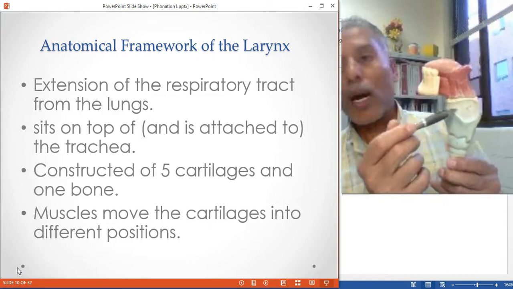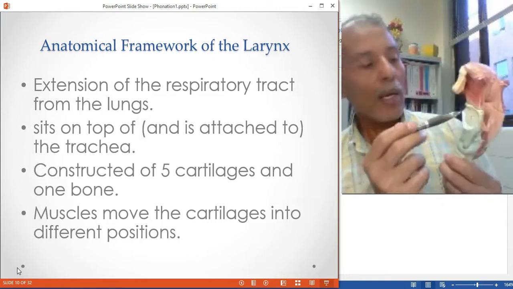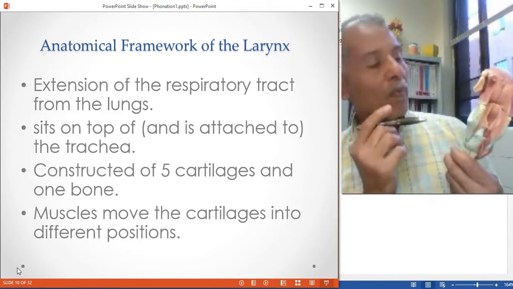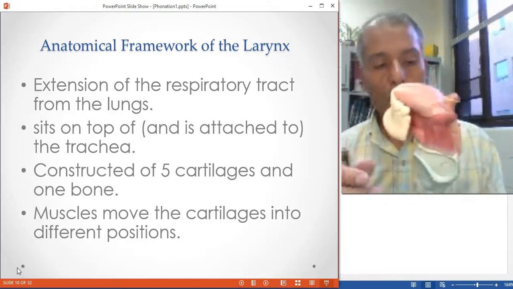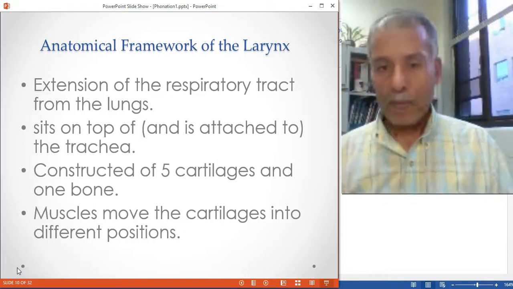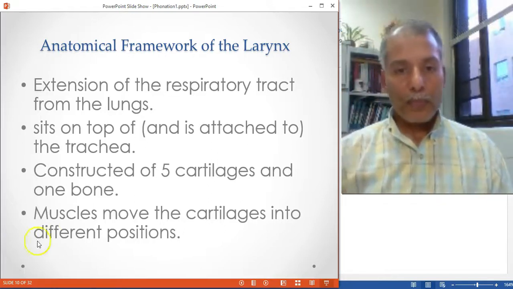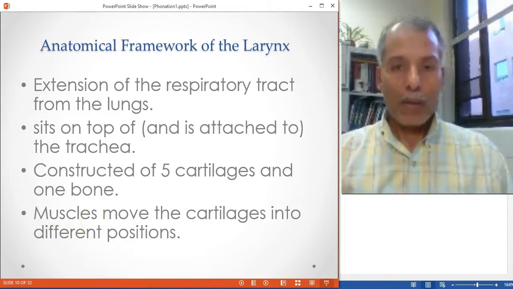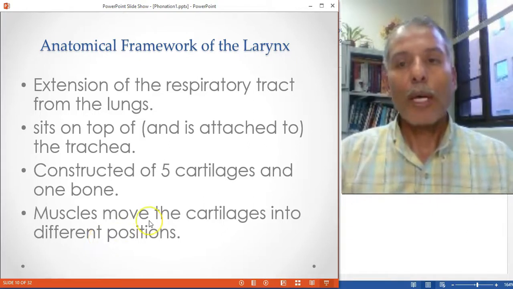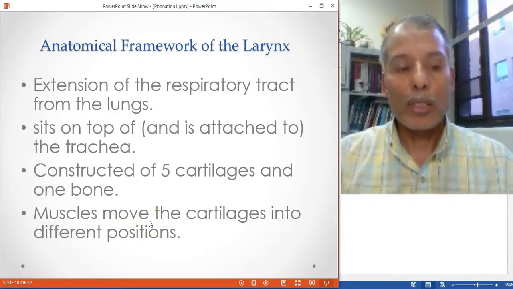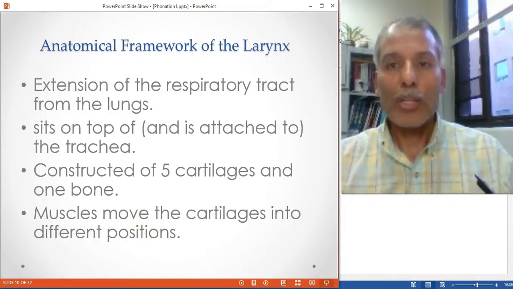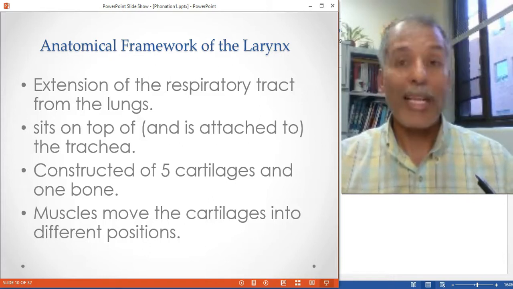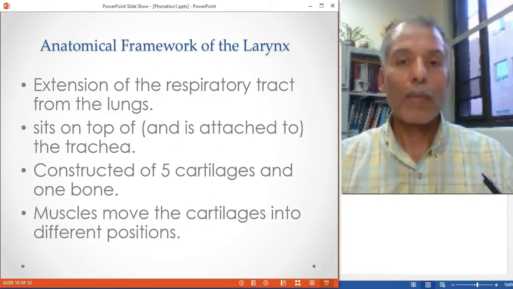That is called the thyroid membrane. We'll look at it later. In addition to that, there are various sets of muscles that we'll discuss. Some are called the intrinsic laryngeal muscles, and some are called the extrinsic laryngeal muscles.